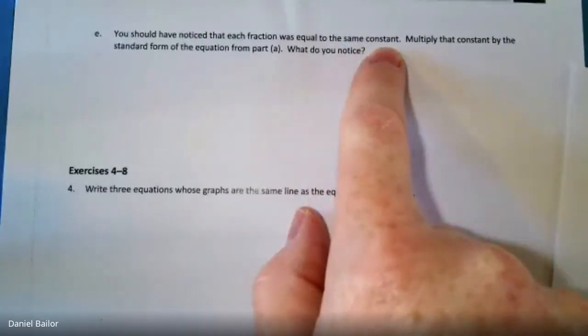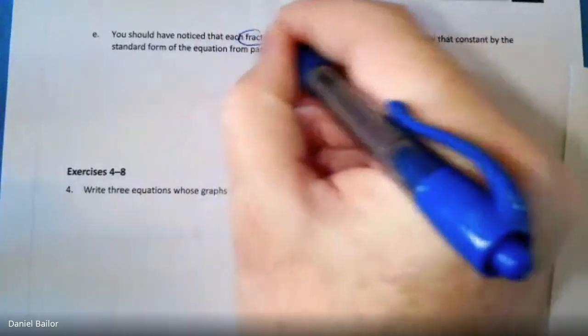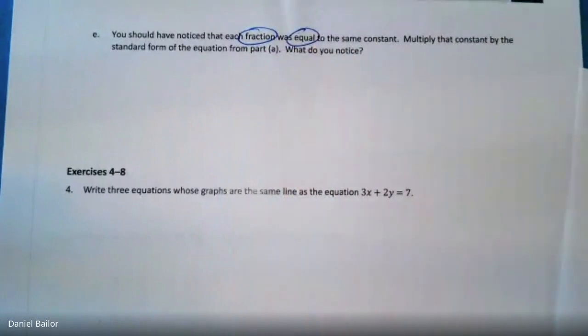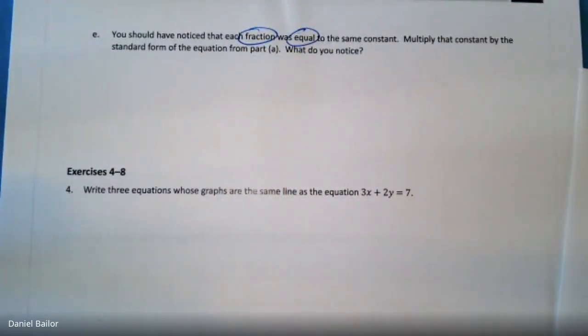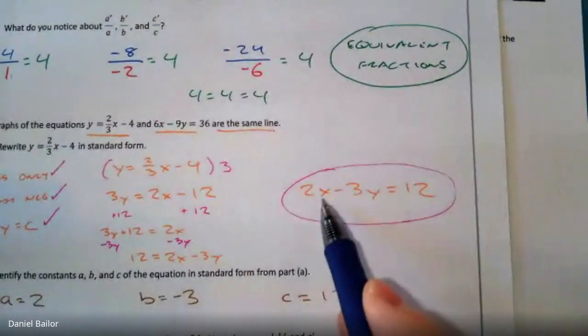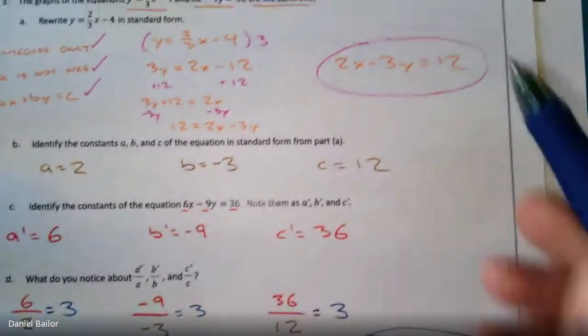Let's take a look. Oh, there's a part E. I didn't notice this. You should have noticed that each fraction was equal to the same constant. So they're all equal, which is what we did notice. The fractions are equal. Multiply that constant by the standard form of the equation from part A. Okay, so they want us to take part A and multiply by the 3 we got.